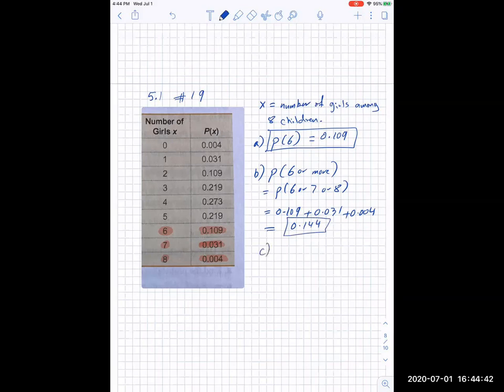And the last part, which probability is relevant for determining whether 6 is a significantly high number of girls in 8 births? Is it A or B?